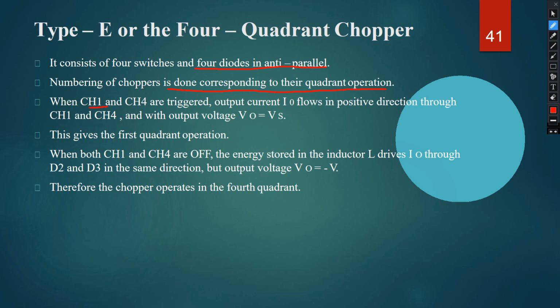When CH1 and CH4 are triggered, the output current I0 flows in the positive direction through CH1 and CH4 when the output voltage V0 is equal to Vs. So this is the first quadrant operation. When CH1 and CH4 are both off, the energy stored in the inductor drives I0 through D2 and D3 in the same direction, but the output voltage becomes negative. Therefore the chopper operates in the 4th quadrant.